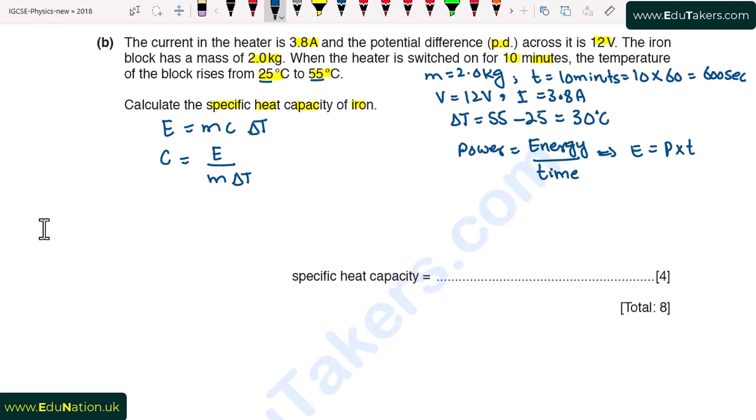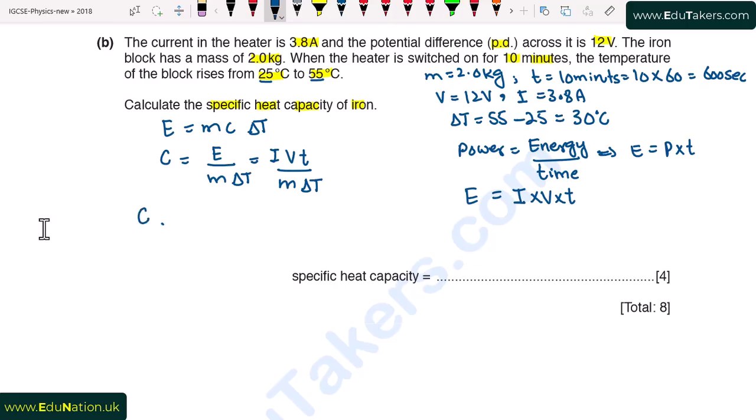Power is also not given in the data, but current and potential difference are given. So I write here energy will be equal to, power is basically the product of current and potential difference, I cross V and T. So I put here I V T divided by m delta T. All of these values are given.